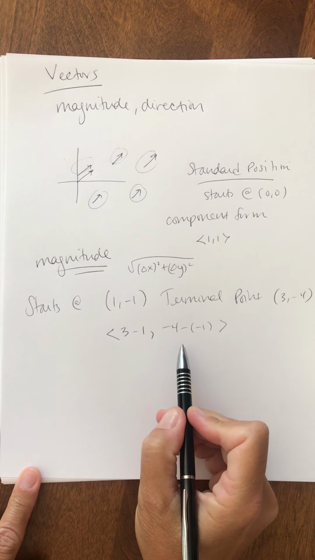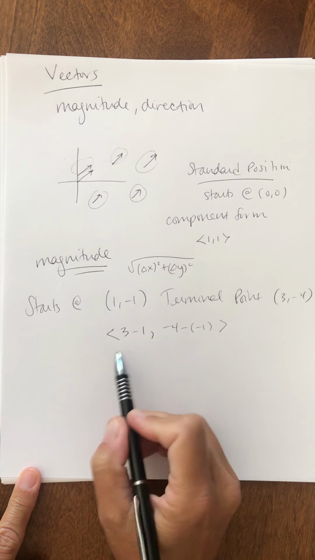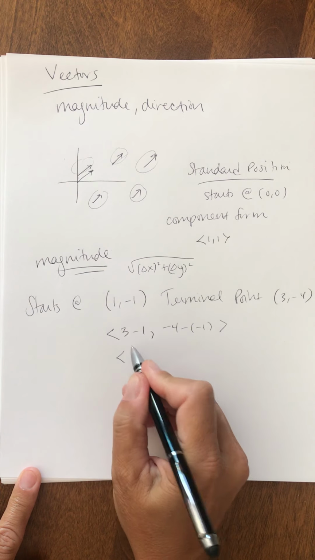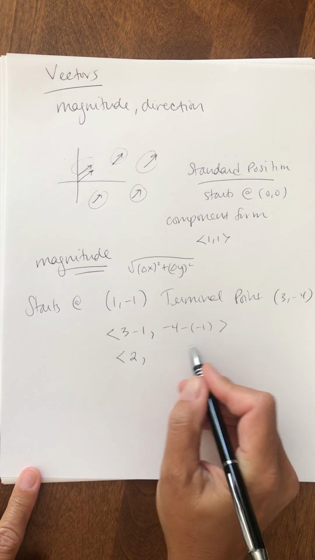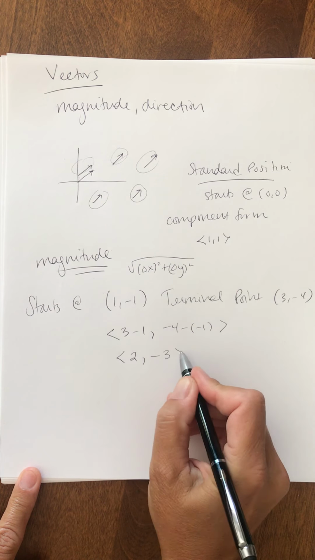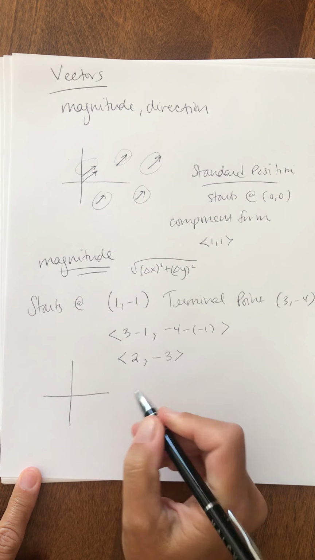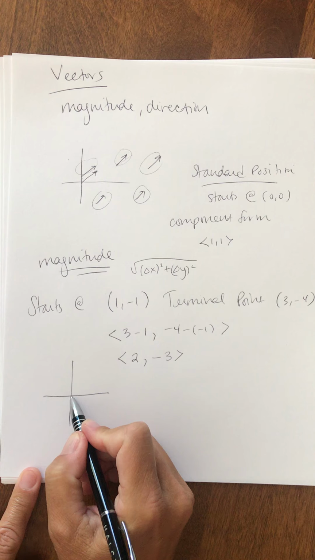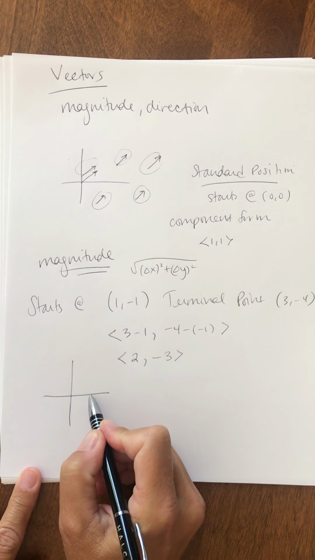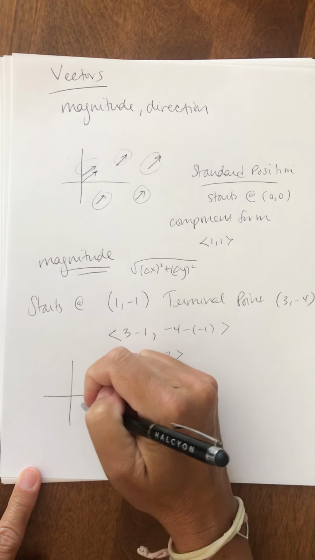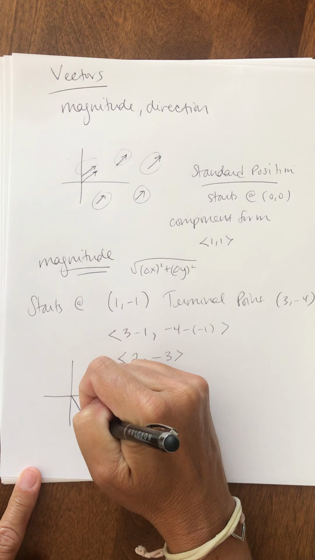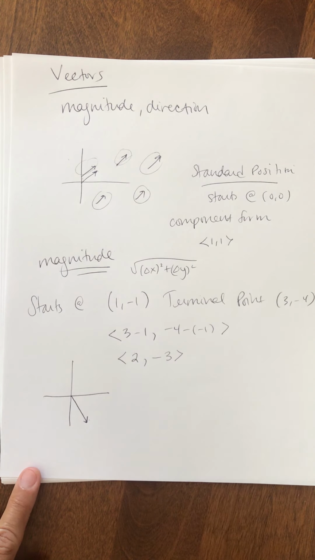This is going to give me this vector in standard form. Obviously, I'm not going to leave it like this. We're going to call it 3 minus 1, negative 4 plus 1, which is 2, negative 3. So if I were to draw this in the plane, I would start at 0, 0. I would go 2 in the x direction and negative 3 in the y direction.